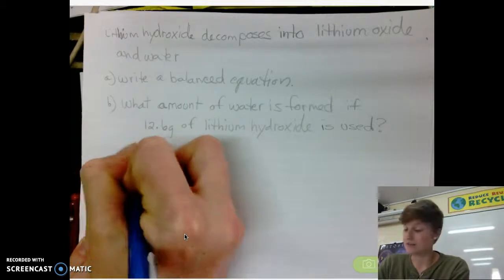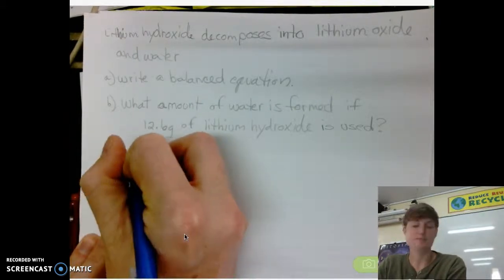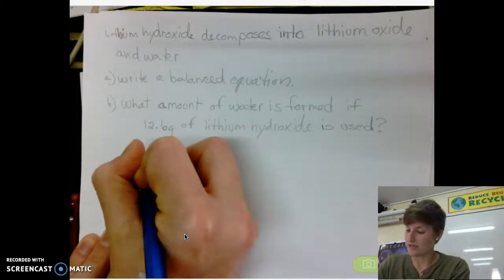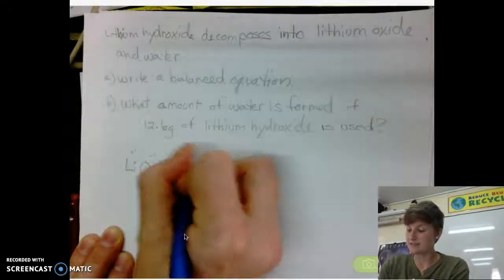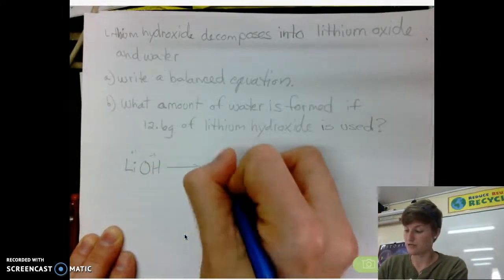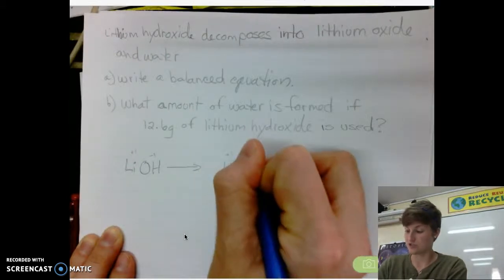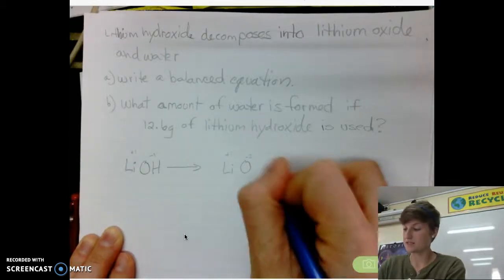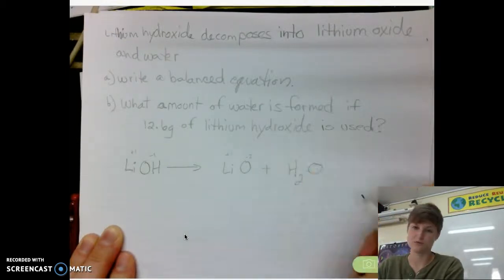So let's go ahead. We've got lithium, looking up at the periodic table, and its charge is a +1. And then we have hydroxide, which is a -1. And this decomposes into lithium oxide, so again +1, oxygen's a -2, plus water, H, and hopefully you know the formula for water.